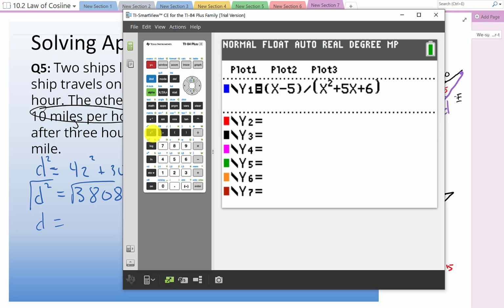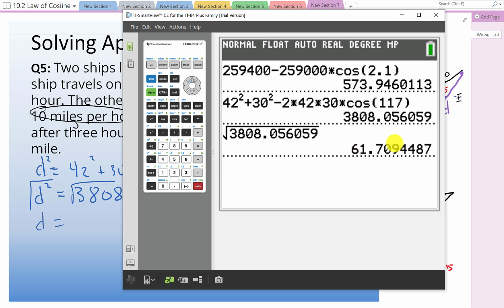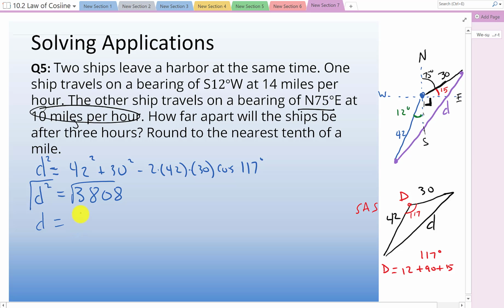We'll take the square root of that answer. And it turns out to be 61.7. Yeah, let's just leave it at that. We'll call it 61.7 miles.